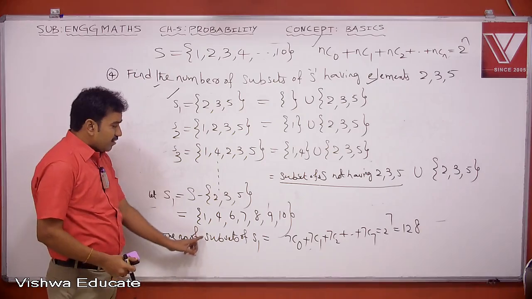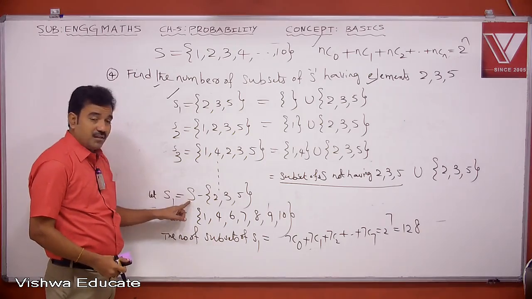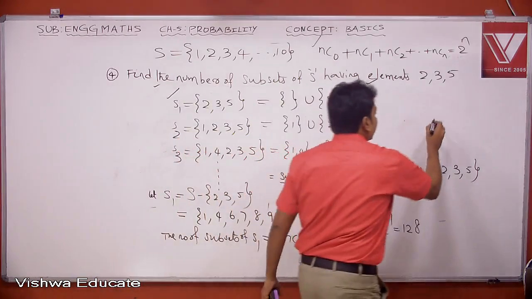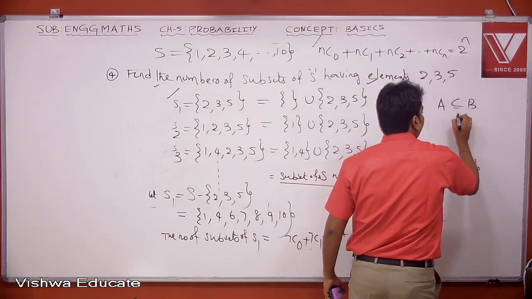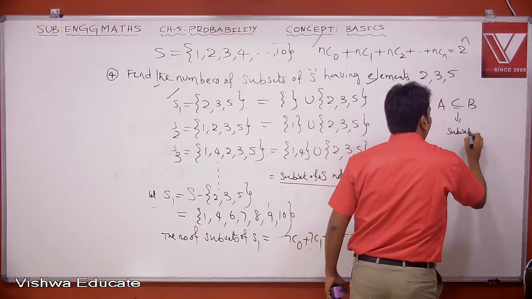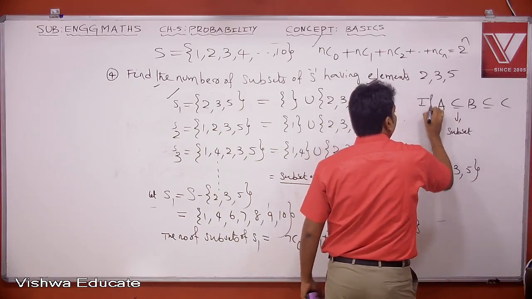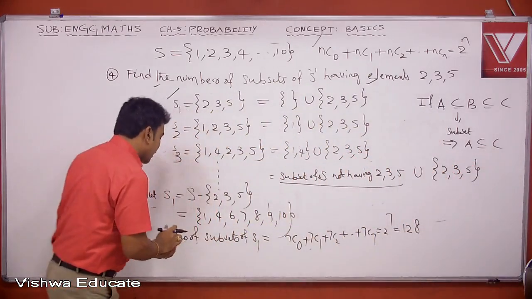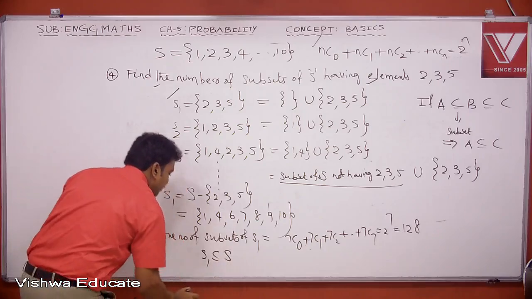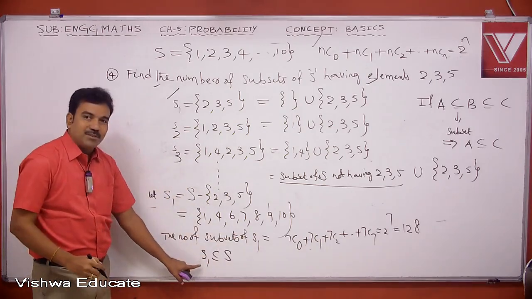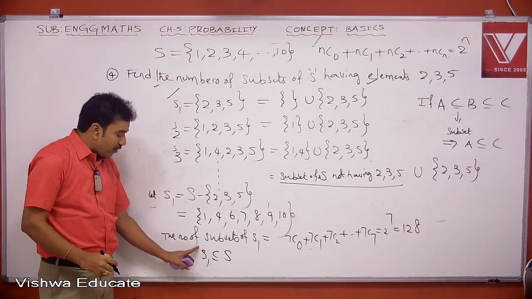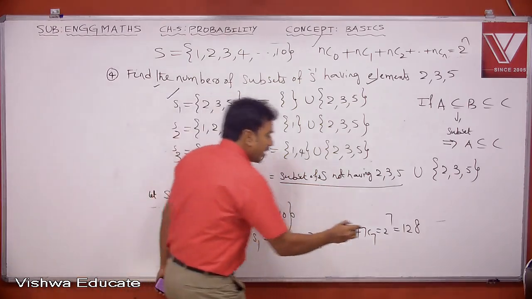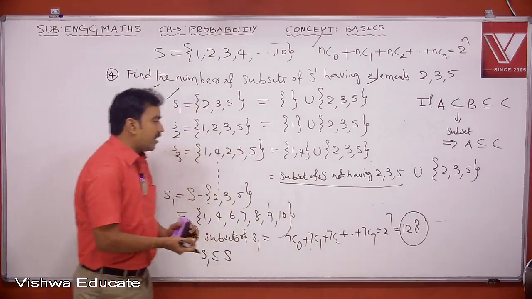But these 128 are again subsets of S, because S1 is a subset of S. We have one result: suppose A is a subset of B, and B is a subset of C, then A is a subset of C. Here S1 is a subset of S, so these 128 are subsets of S. Therefore there are exactly 128 subsets which do not contain 2, 3, 5.